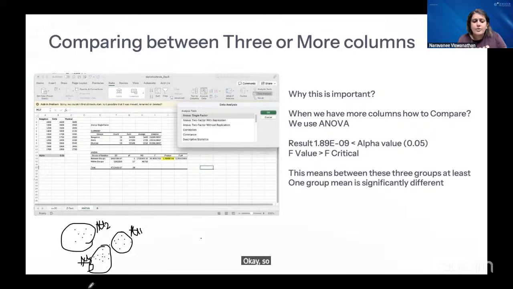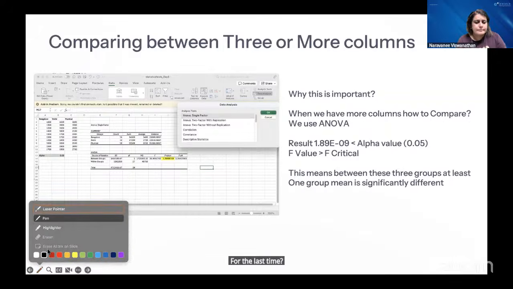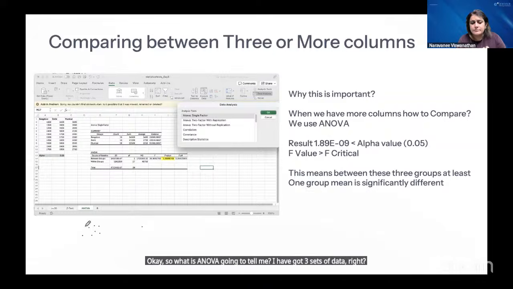Okay, so this is ANOVA, guys. I'm going to repeat this for the last time. So what is ANOVA going to tell me? I have got three sets of data, right? This is one set of data. Maybe this is another set of data. And maybe this is another set of data.